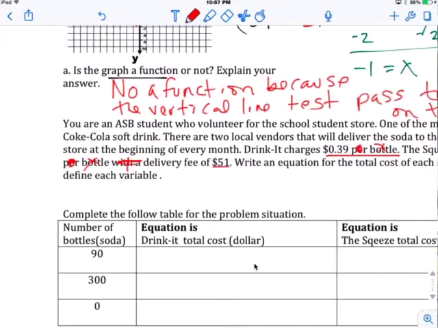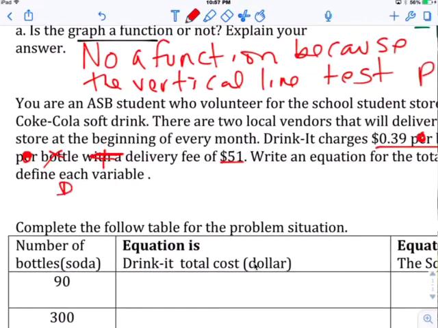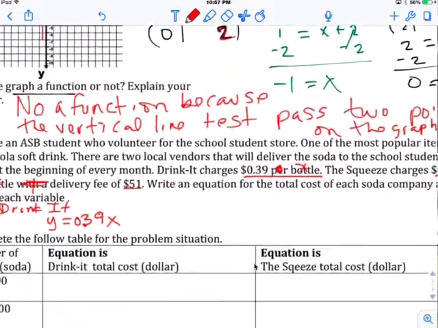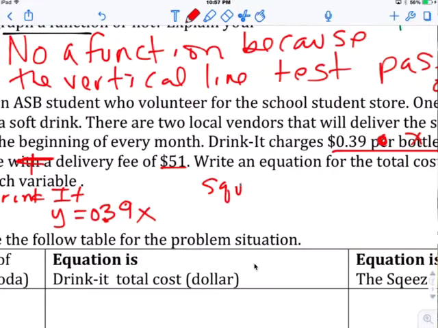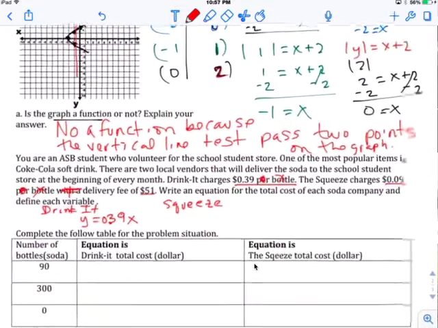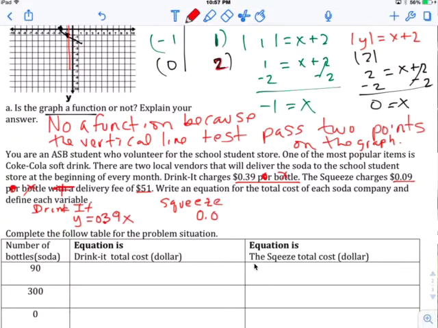Okay, Drink It: y equals 39 cents for each bottle x. Whereas Quizza charged 9 cents per bottle with a delivery fee of $51.